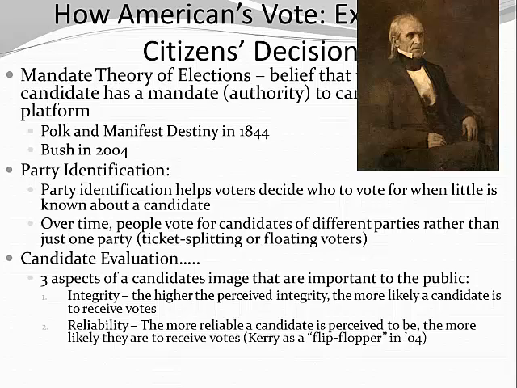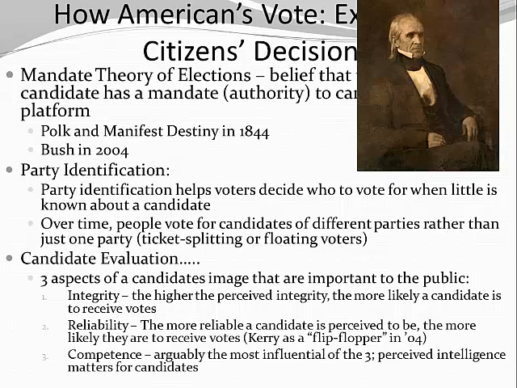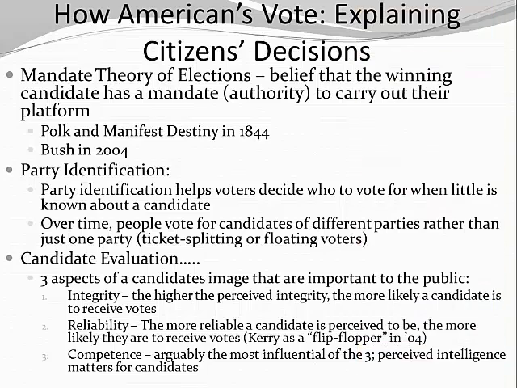And when John Kerry ran against George W. Bush in 2004, Kerry was painted as a flip-flopper on certain issues, and this really made him appear to be not very reliable. And finally, competence is a huge aspect of a candidate's image, and this is arguably the most influential of the 3, and perceived intelligence really does matter for candidates.